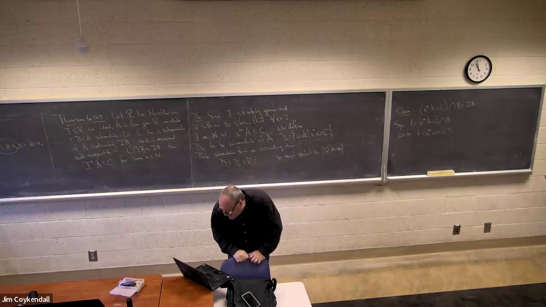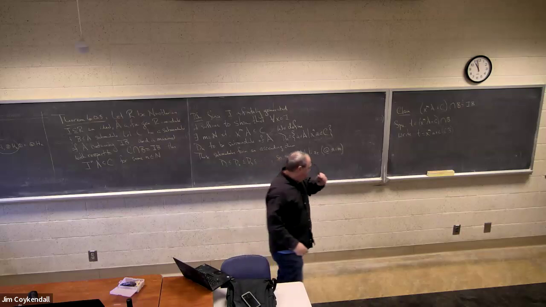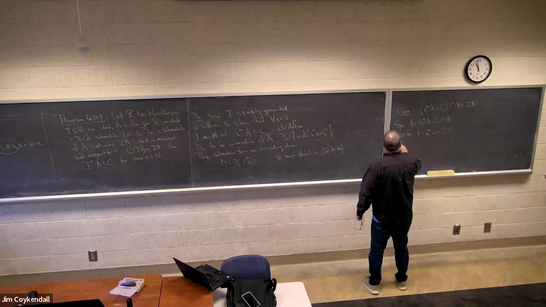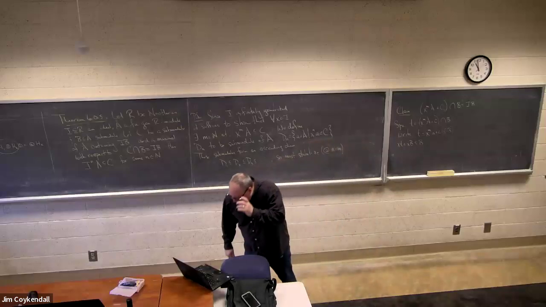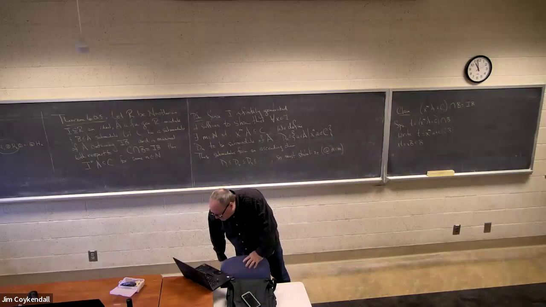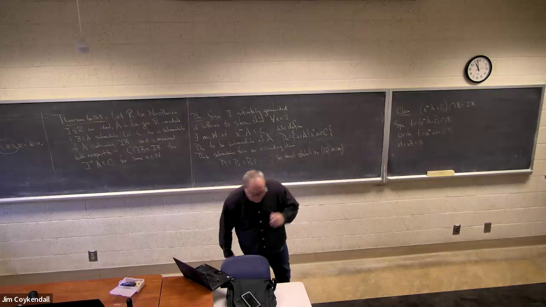Little a is in A, little c is in C. Then xt is in xB, which is contained in B, or better than that, it's contained in IB, which is in C.